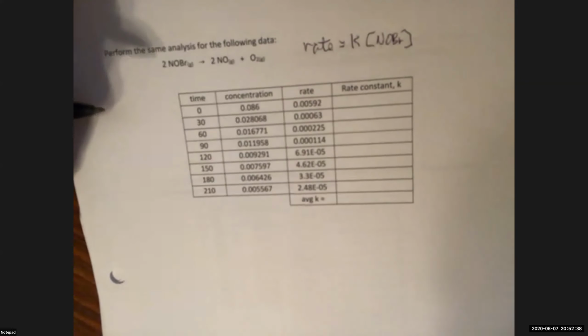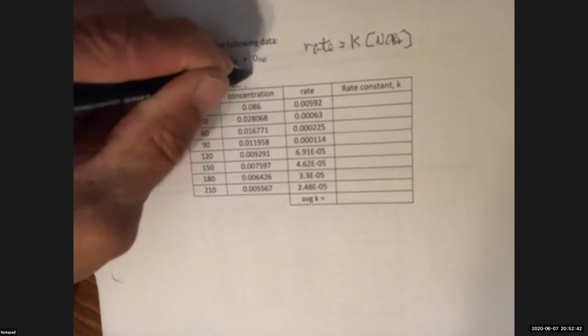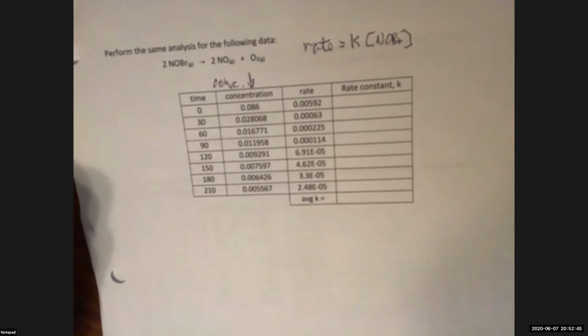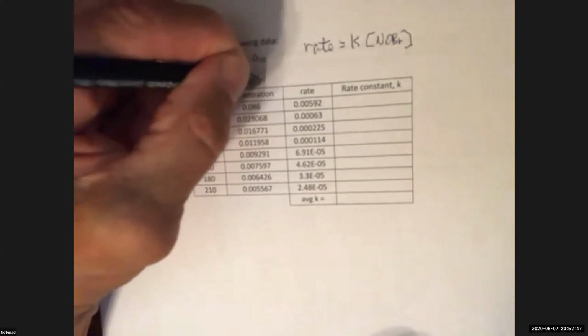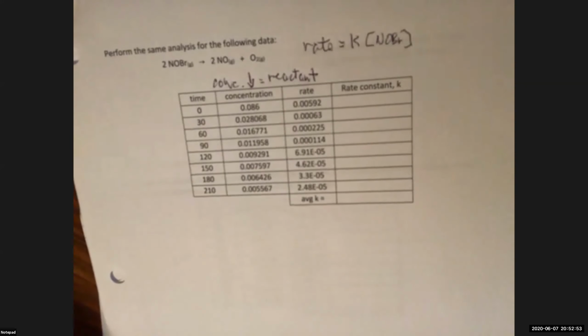The concentration is decreasing. I'm going to put here, concentration is decreasing. So we know it's a reactant, not a product. If it was a product, the concentration would be increasing.